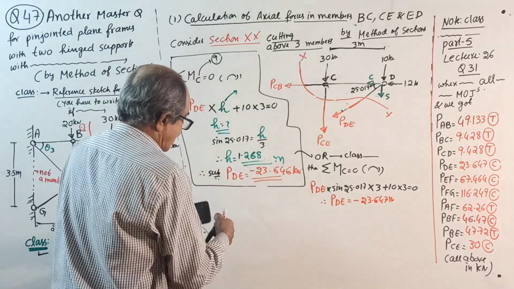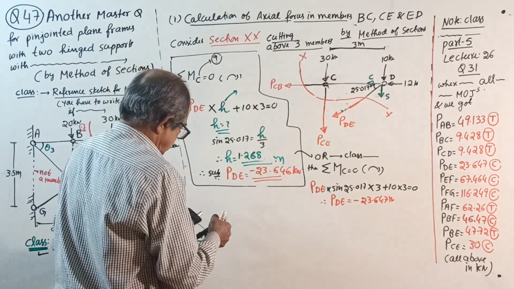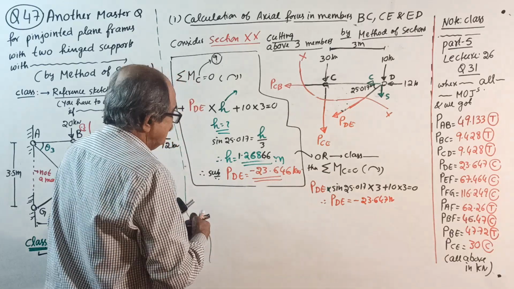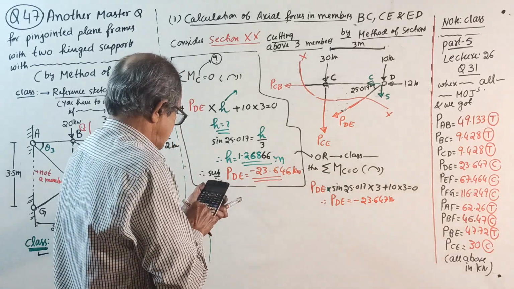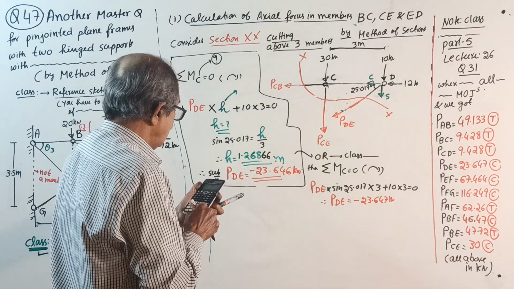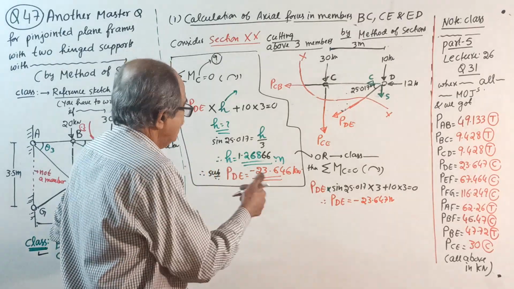Okay, I'll write 1.26866 to get more accuracy. In that case, 10 into 3 divided by 1.26866, 23.647 will come. Okay, see, it came.